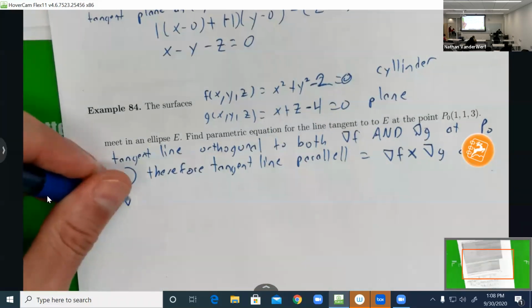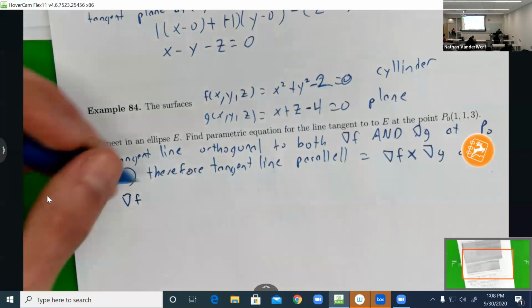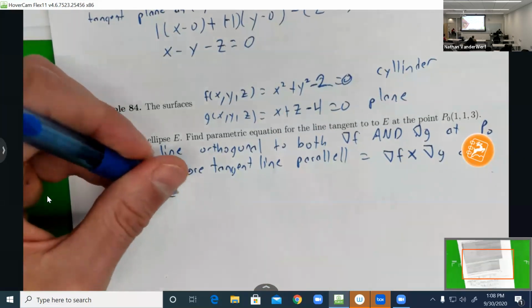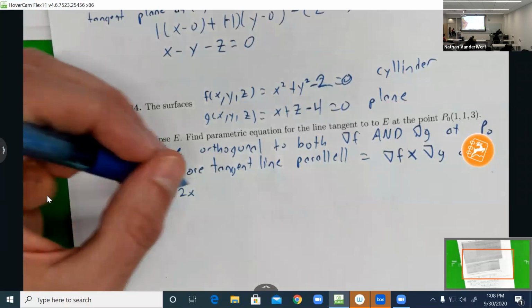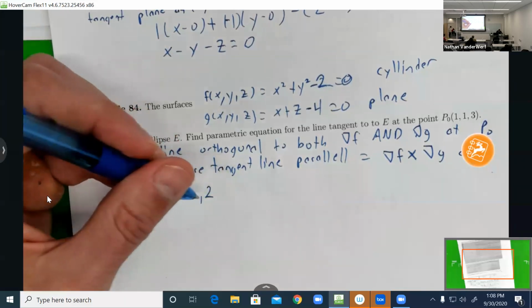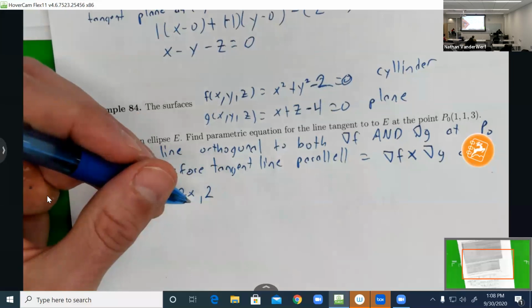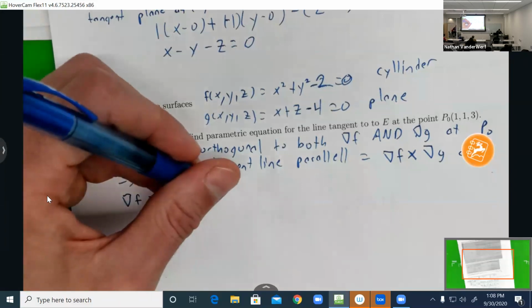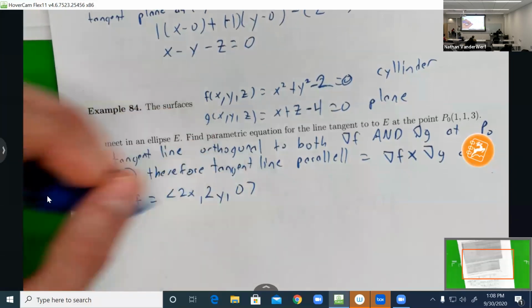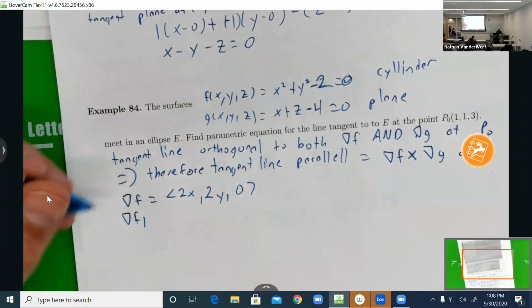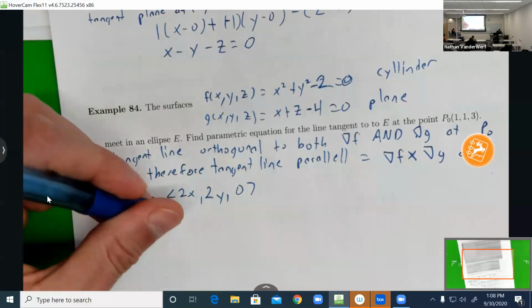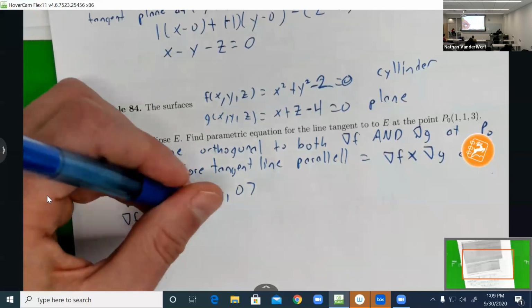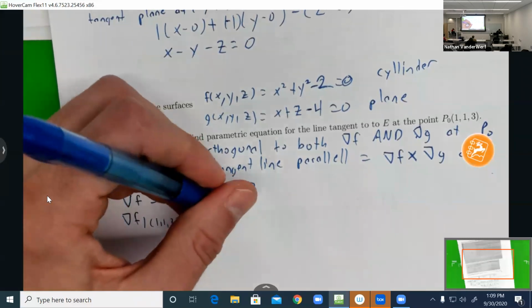So the gradient of f here is going to be 2x, 2y, 0. So the gradient of f at (1, 1, 3) is going to be (2, 2, 0).